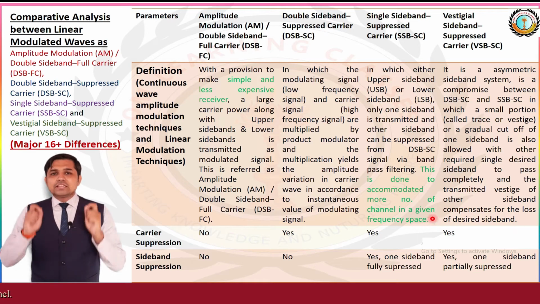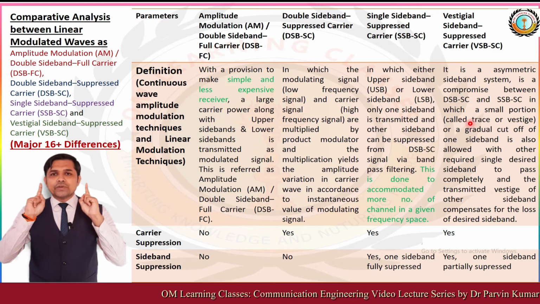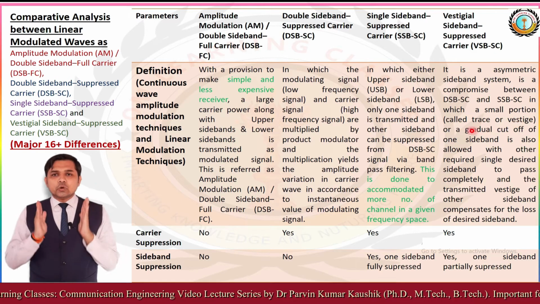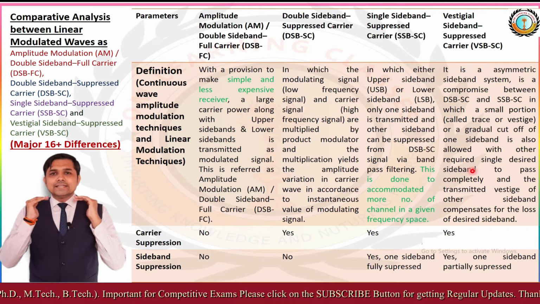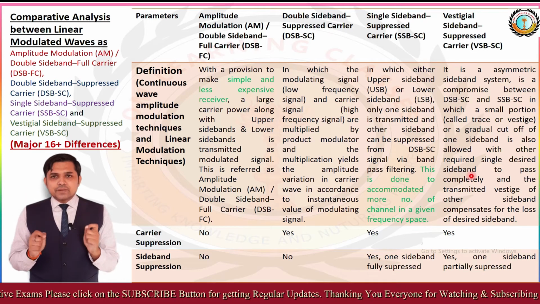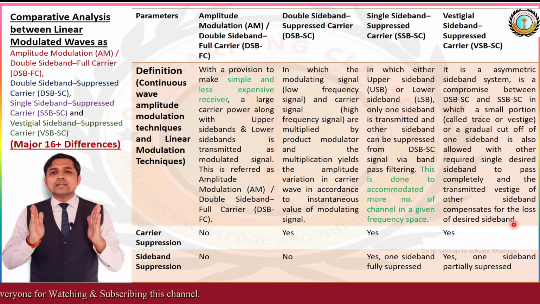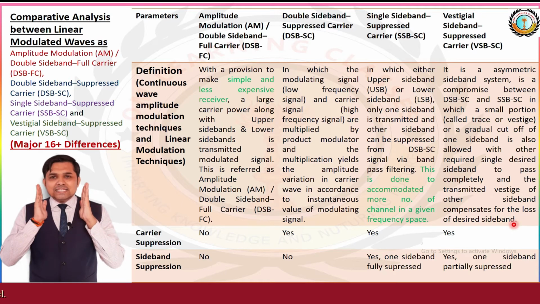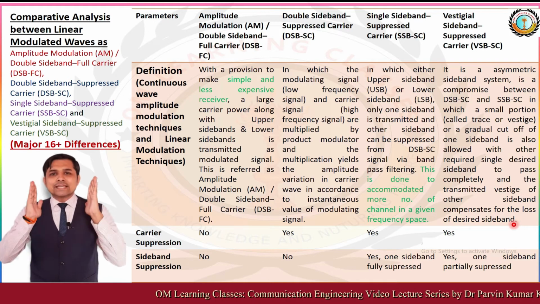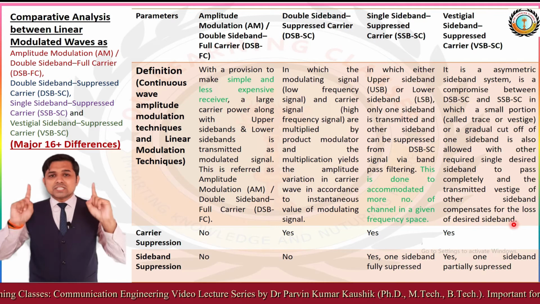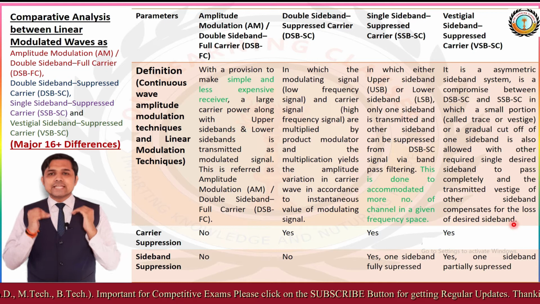And finally, we have the VSBSC. In the VSBSC, a small portion, which is known as trace or vestige, or you can say a gradual cutoff of one sideband, is also allowed along with the completely passed other required desired sideband, and this transmitted vestige of the other sideband compensates the loss of the desired sideband.